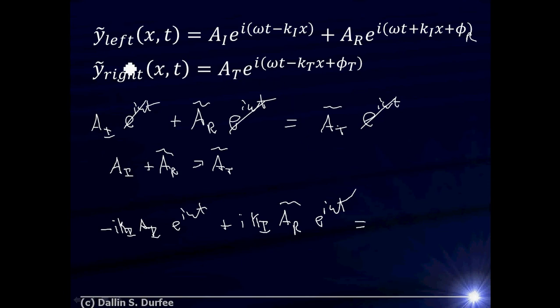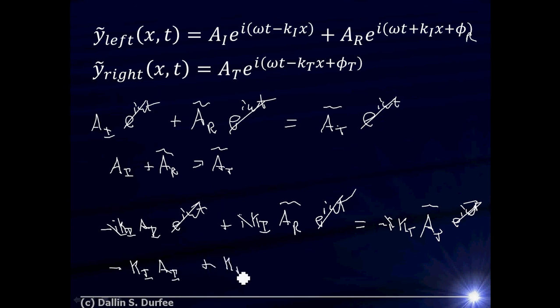And then I take the derivative on the right, I'm going to bring down a minus i k_transmitted, I've got a_transmitted tilde. The x goes away, we absorb that, so it's just e^(i omega t). The e^(i omega t)'s cancel out, the i's cancel out, and I'm just left with negative k_incident a_incident plus k_incident a_reflected tilde is equal to negative k_transmitted a_transmitted tilde.